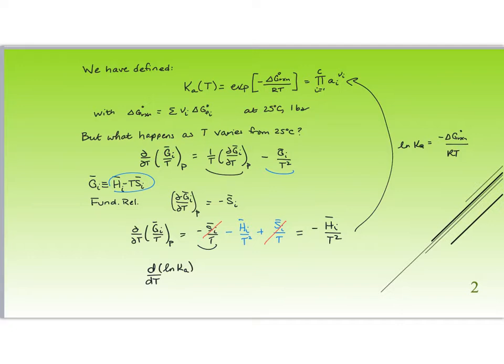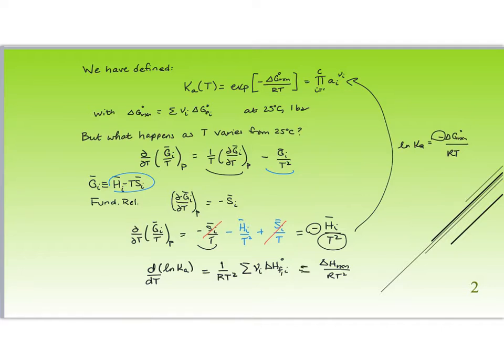And so now if I want to see how this changes with temperature, it's going to relate to how delta G over RT changes with temperature. So I have a spare R in the denominator, and this becomes 1 over RT squared times the sum of the delta H of formation of i, or I can call it delta H of reaction over RT squared. Now the negative here combines with this negative here, so this is a positive.